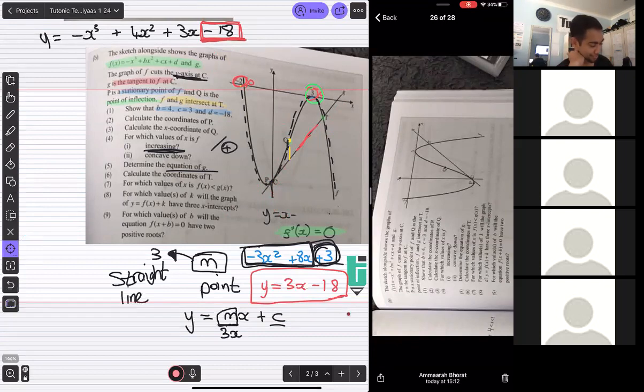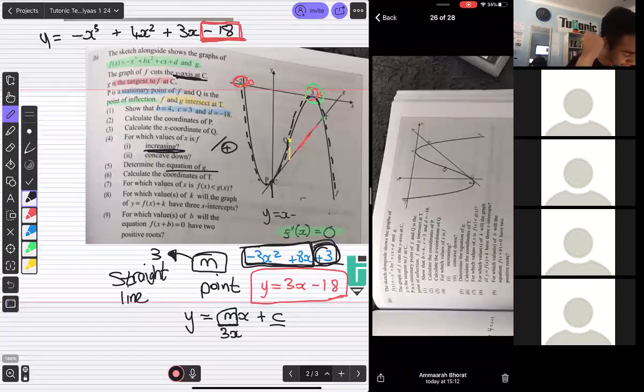Okay. But to find the equation of a tangent, so we have that the gradient is 3. Don't you need a point? Well, this is the point. The point is 0, minus 18. I get what you're saying, Amaro.